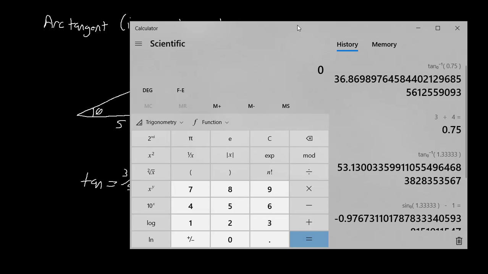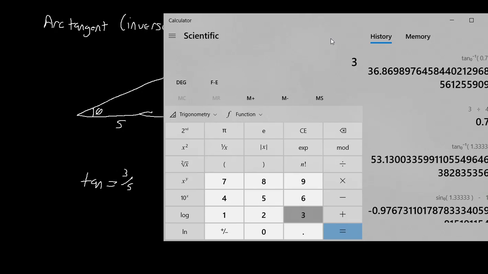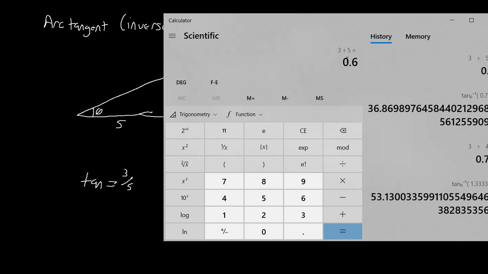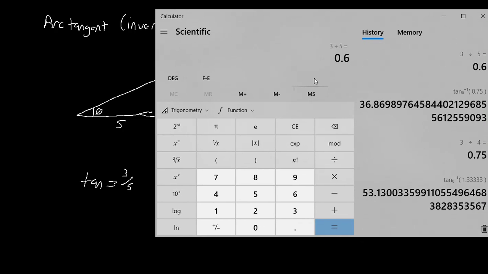And so what I can do here is 3 divided by 5. Okay? So that's 0.6. So what I can do here is hit the Shift key and the T key. Right? Shift T.